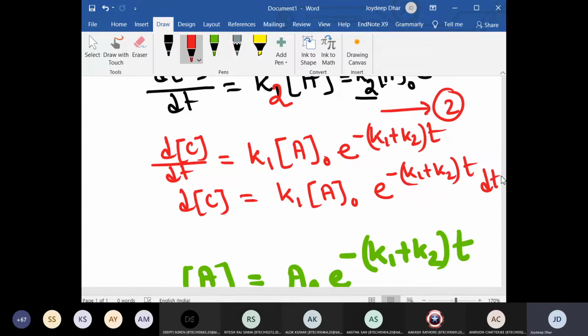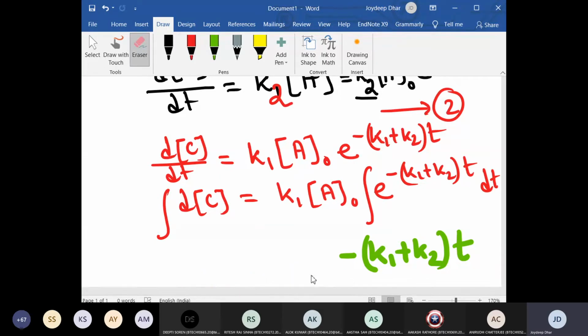Now if I integrate, two constant terms I have kept outside the integration sign. One is K1 and the other is the initial concentration A naught, that is a constant term. Okay, so what will be the limit now?